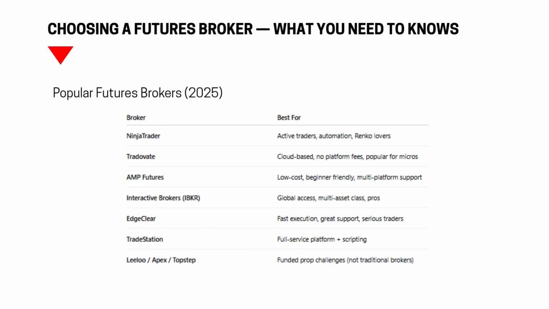I've used them as well in the past. Global access, multi-asset class. Especially if you're more in the semi-pro area, you can do a lot with these guys. EdgeClear, fast execution, great support, serious traders. TradeStation, full service platform and scripting. And if you're into funded prop challenges, I listed a few names there: Leeloo, Apex, Topstep. We're going to look into funded futures in a moment.